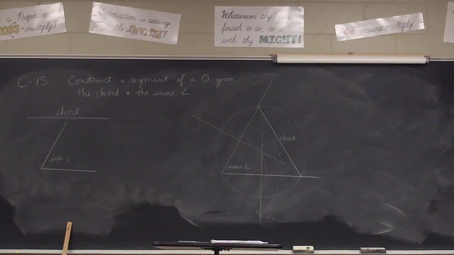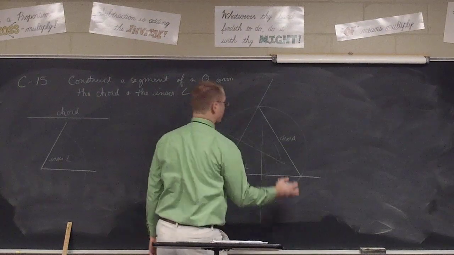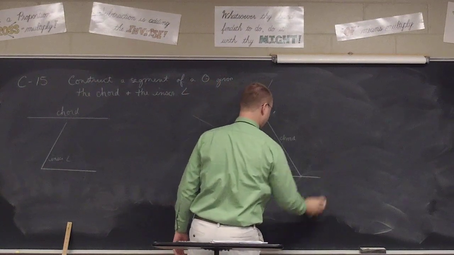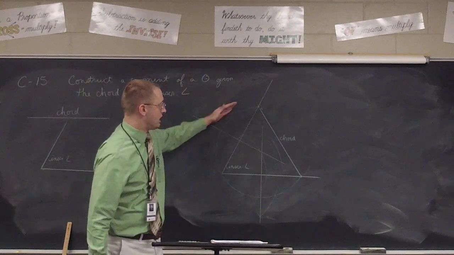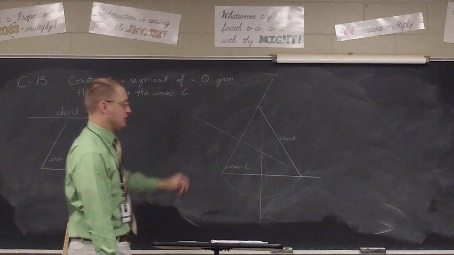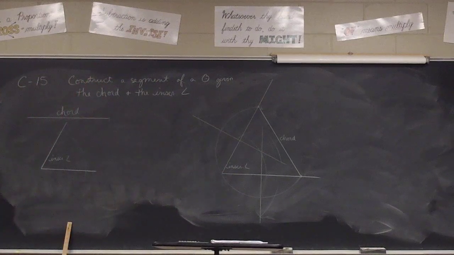Now here I did draw the entire circle. If I wanted to, I could go through, I suppose, and erase the part of the circle I don't care about. But here we see the segment. And it is obviously a major segment because I had an acute angle.